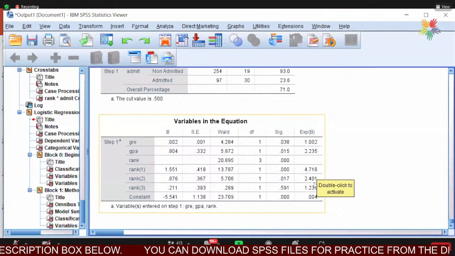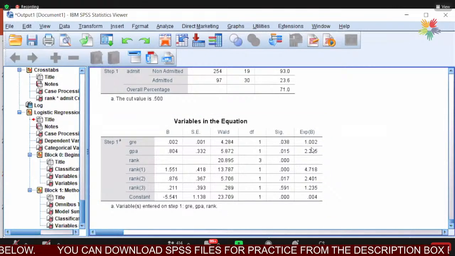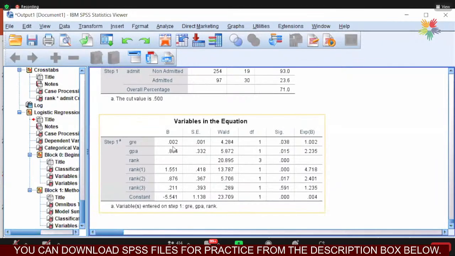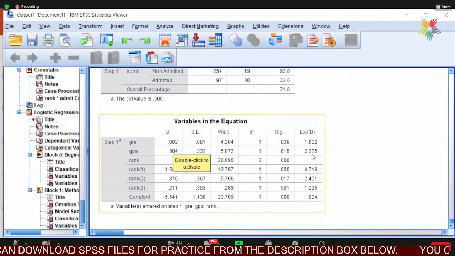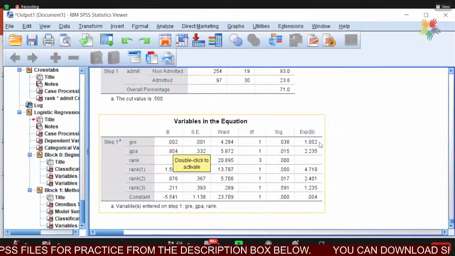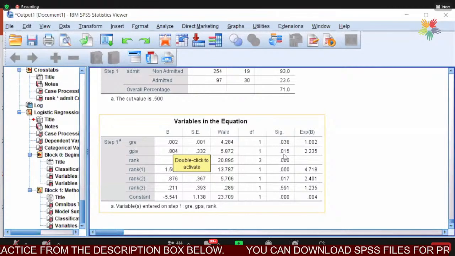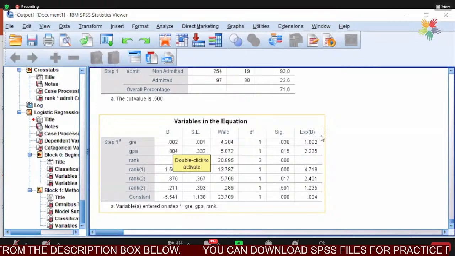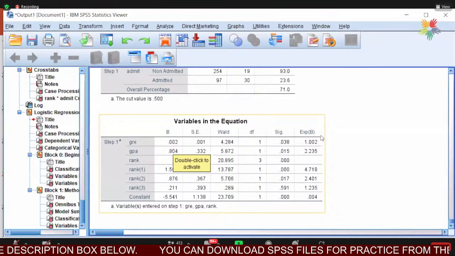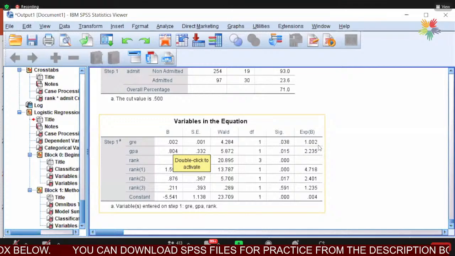So this you know. Now what you have to write here? This is also plus, this is also plus, this is also plus. So when there is a 1 unit increase in the GRE score, my odds will improve 1.002 times.